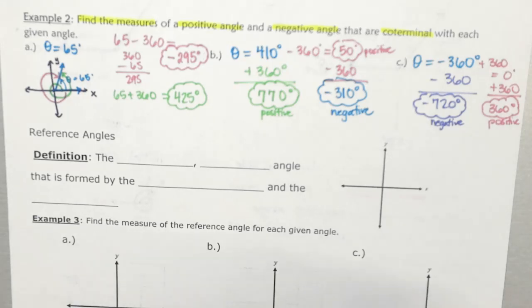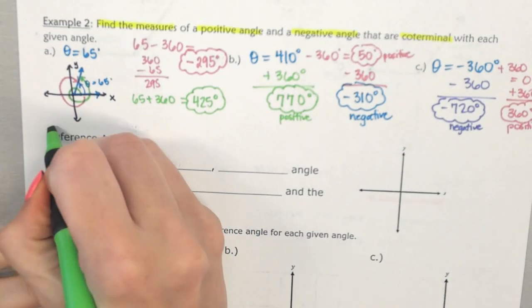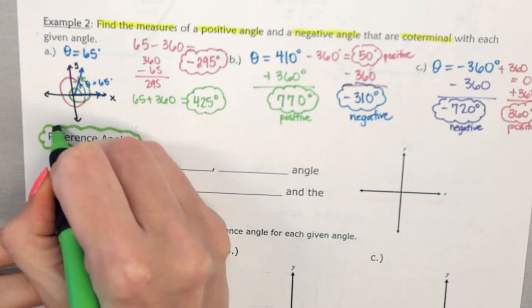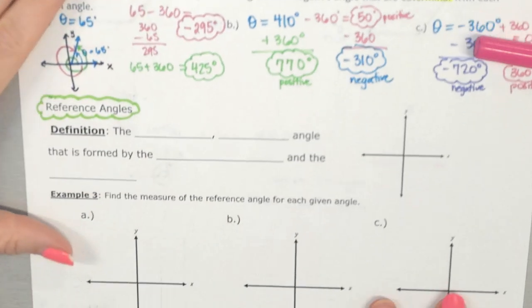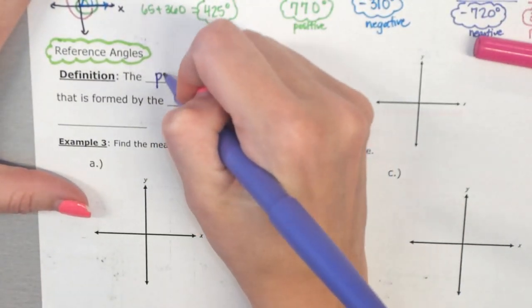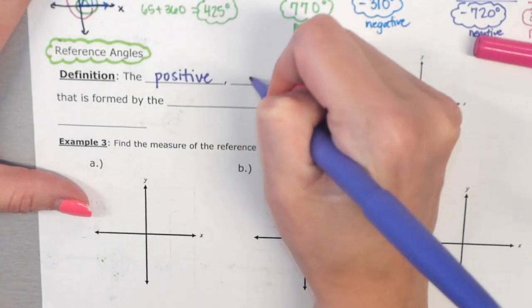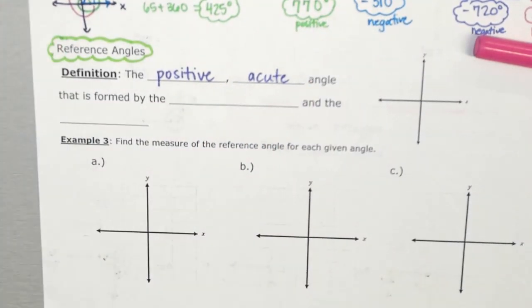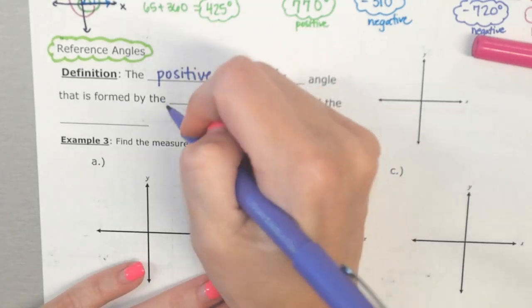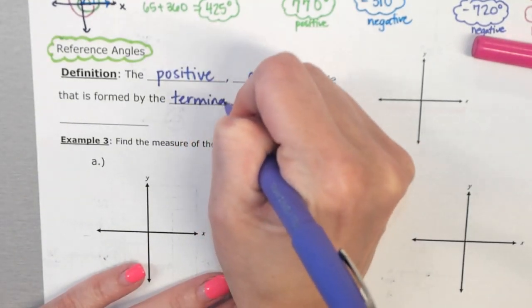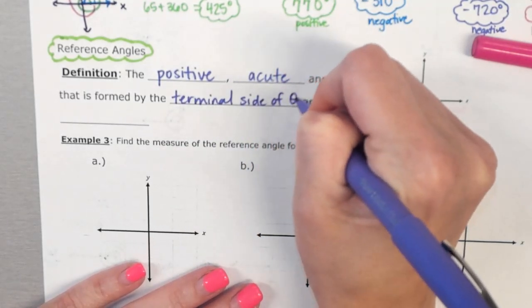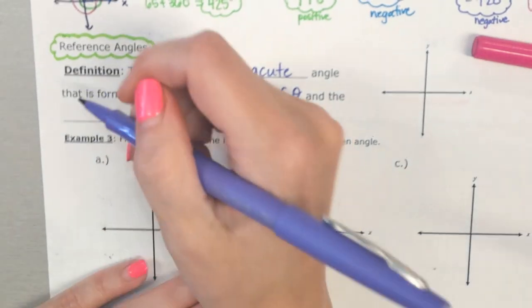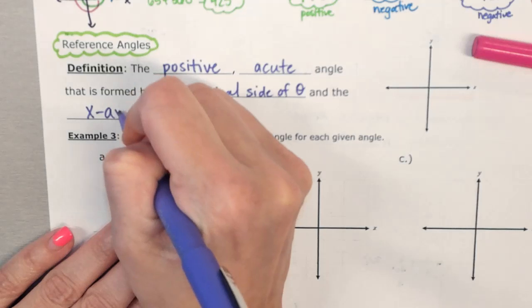The last thing we're going to talk about are reference angles, and we're going to be using reference angles a lot. Okay, so a reference angle is the positive acute angle that is formed by the terminal side of theta, which is your angle, and the x-axis.